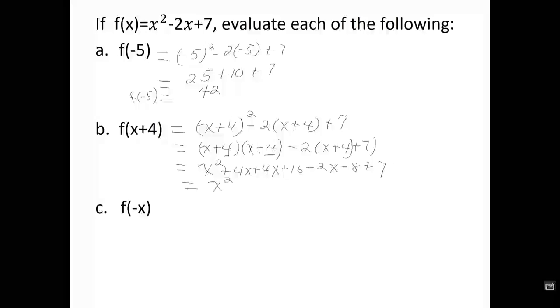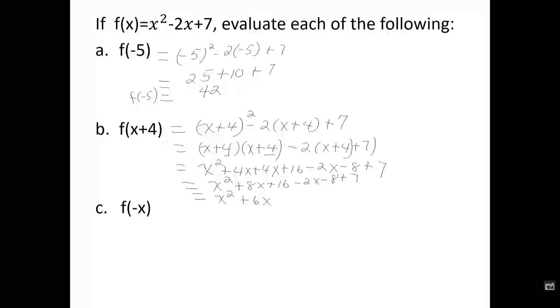Let's combine like terms. We have 4x plus 4x is 8x, plus 16 minus 2x minus 8 plus 7. x squared plus 8x minus 2x is a positive 6x, and negative 8 plus 7 is negative 1.